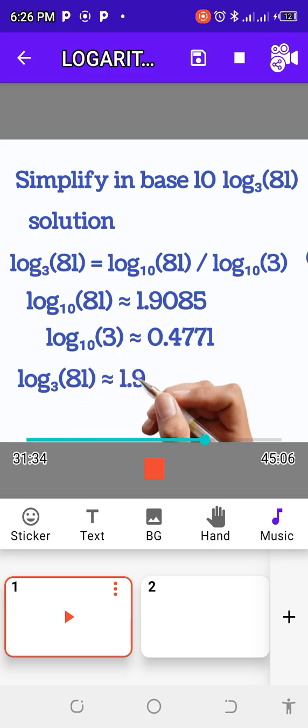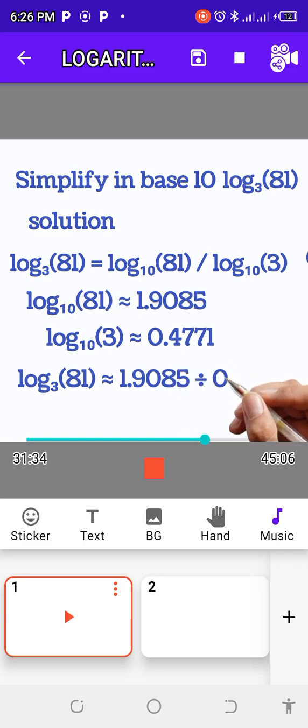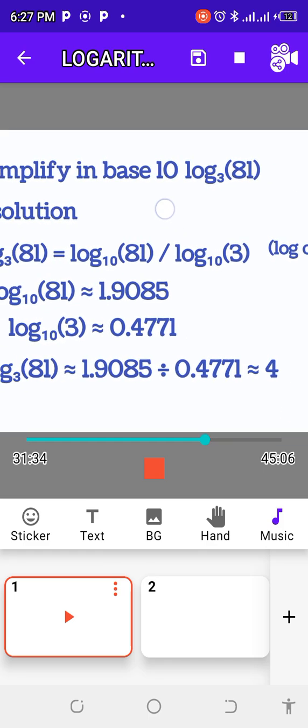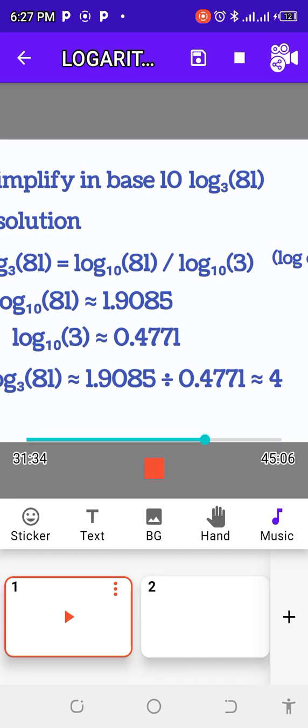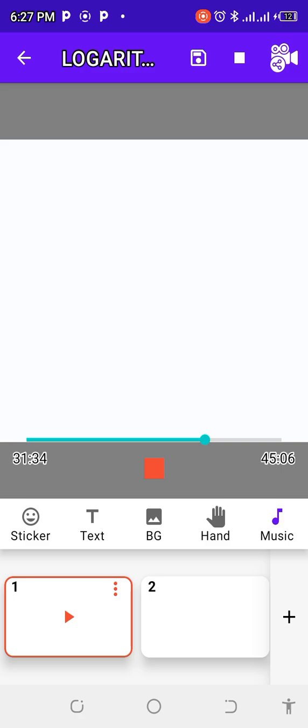We are going to divide 1.9085 by 0.4771, and that will give you 4. On this note, we have come to the end of this tutorial.